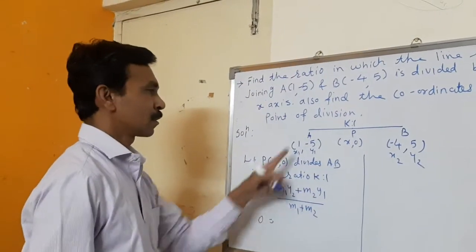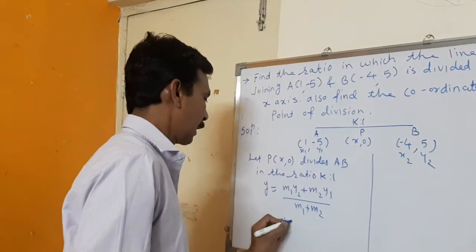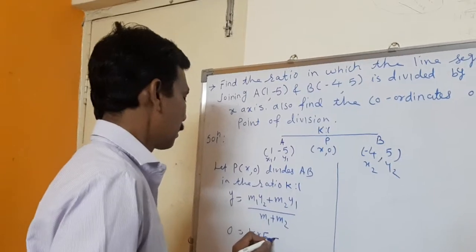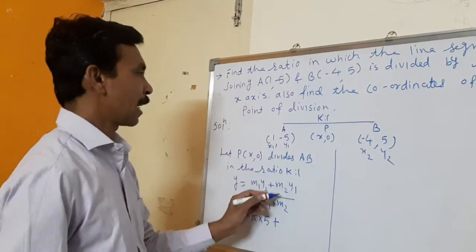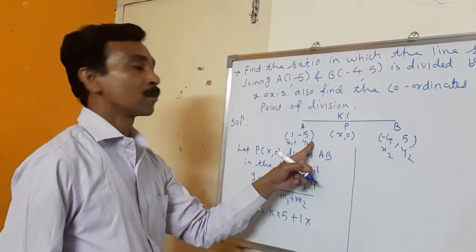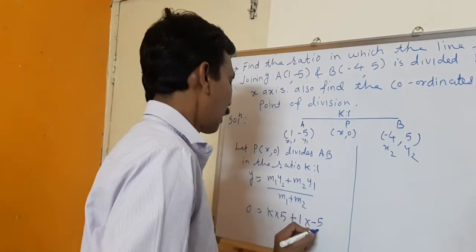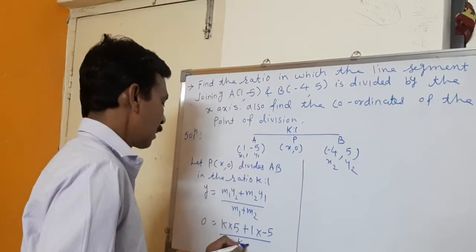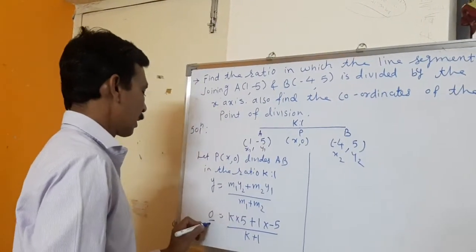What is m1? K into, what is y2? 5 plus, what is m2? 1 into, what is y1? Minus 5 upon m1 plus m2, means k plus 1. Do the cross multiplication.